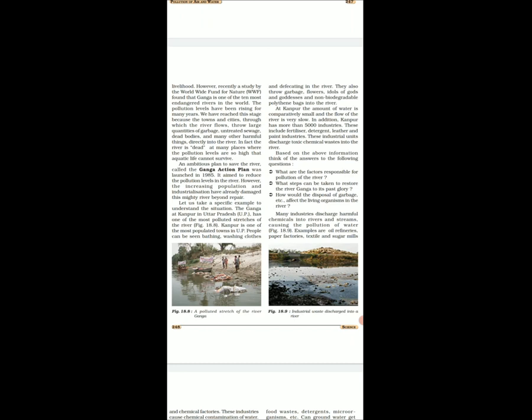We have reached this stage because the towns and cities through which the river flows throw large quantities of garbage, untreated waste, dead bodies, and many other harmful things directly into the river. In fact, the river is at many places so polluted that life cannot survive.